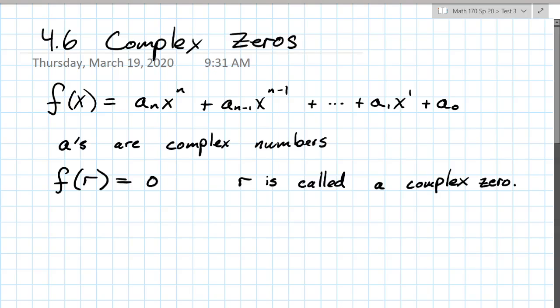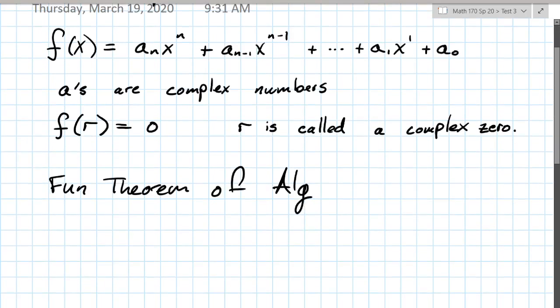Well, we have what's called the fundamental theorem of algebra. The fundamental theorem of algebra says that every complex polynomial function of degree n greater than or equal to 1 has at least one complex 0.